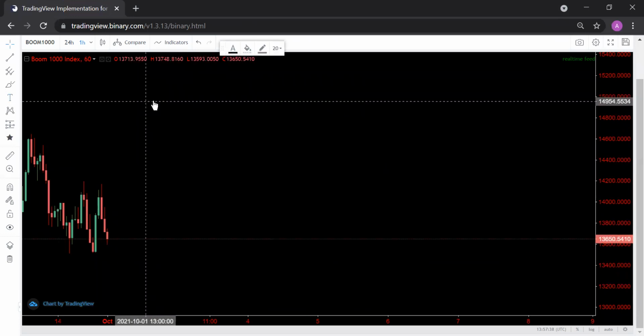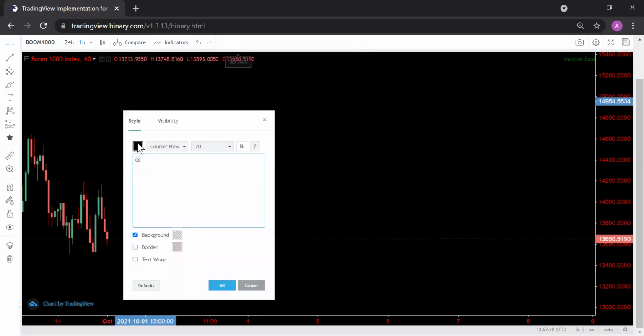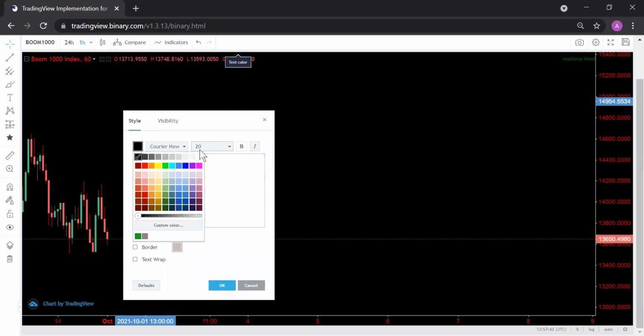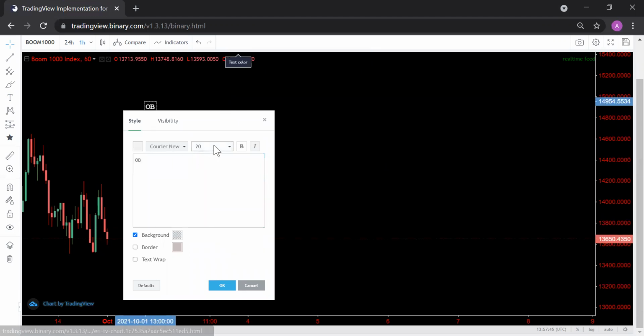We have the breakout entry. I'm going to write it on the screen, guys. We have the breakout entries. We also have entries through candlestick patterns.